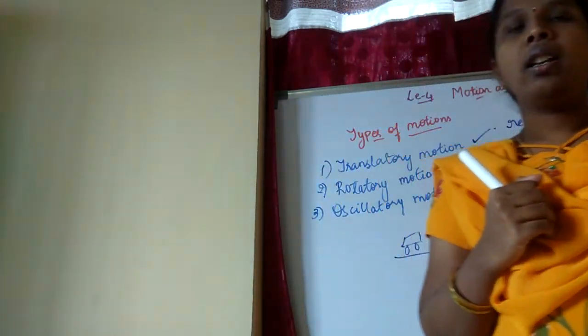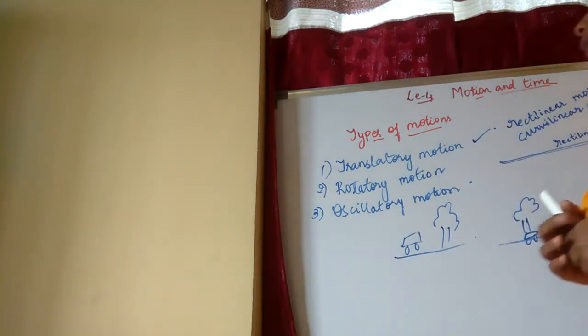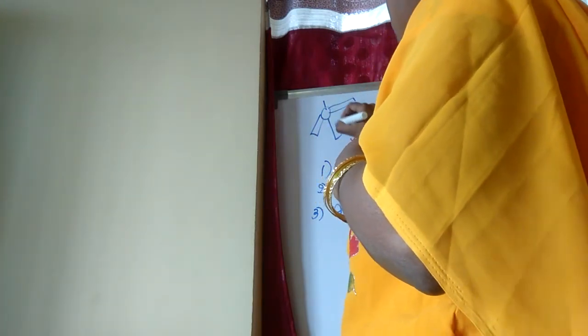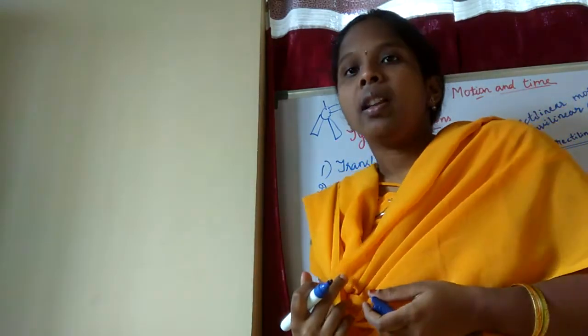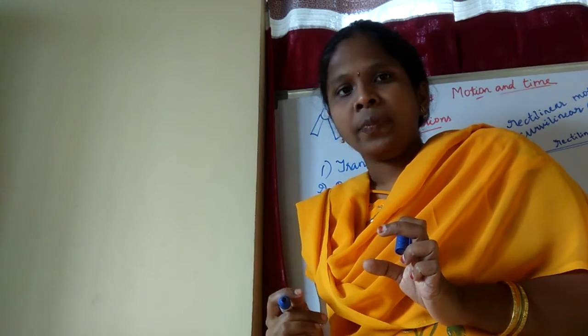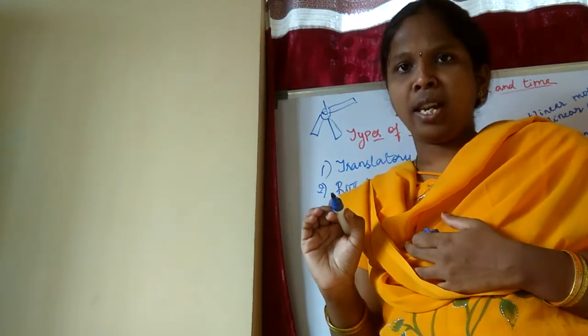For example, if you are seeing a ceiling fan, the ceiling fan will have three or four blades. And in the ceiling fan, the middle one will be the same, no?